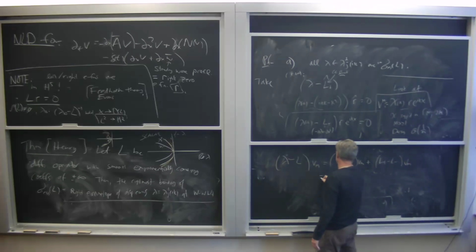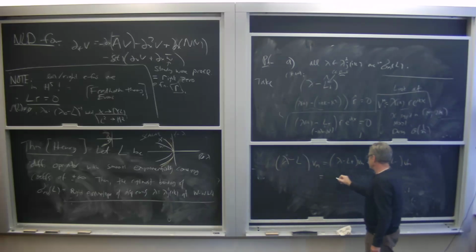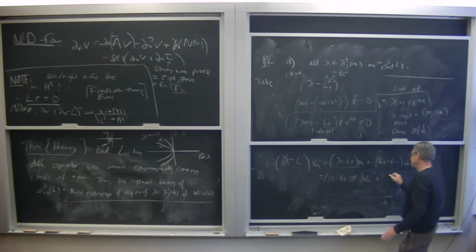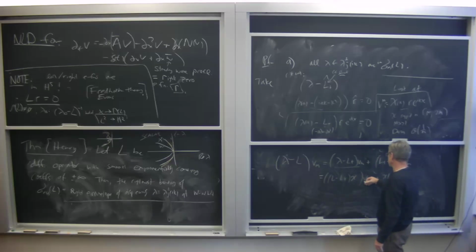And this is lambda minus L plus applied to chi times r e to the ikx, plus chi L plus of V, not chi Vm, chi of r e to the ikx.